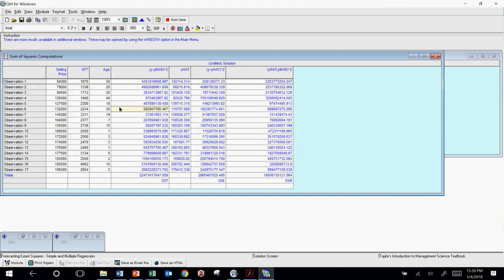But for this case, we could use maybe distance from a set location, like distance from an urban center. So 30 miles out versus 60 miles out. Does an increase in distance from urban lead to an increase or decrease in price? So that might be an example that you use for factors to explore in selling price.